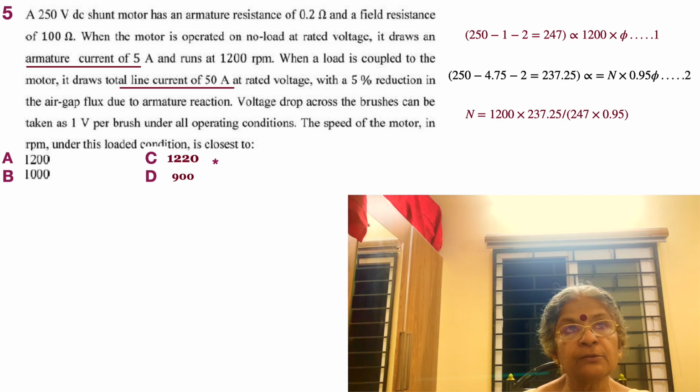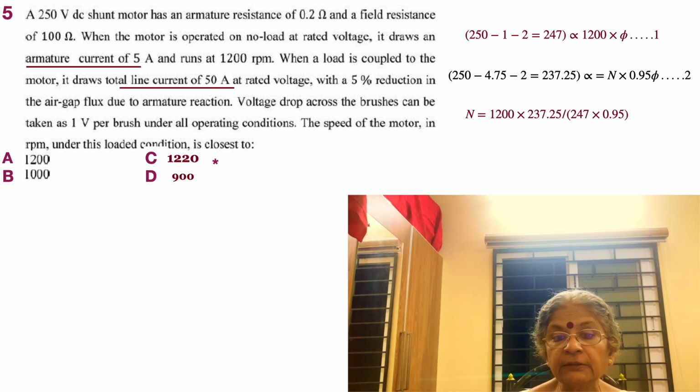In the second case, with a reduction of flux, it is 250 minus 45 amps into the 0.05 resistor, and then minus 2 volts. We see that the voltage has now reduced to 237.5.